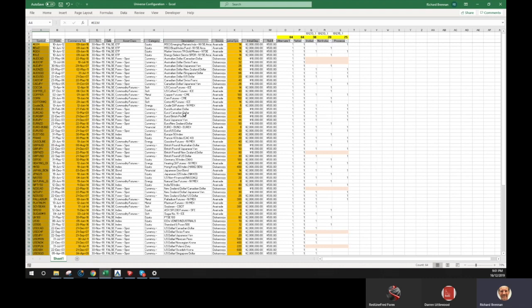Within the Forex, we've got majors, minors, and crosses. Within the indices, they're all just equity indices, so they're one big class. And with the commodities, we've got softs, metals, ETFs, and a whole range of different subcategories within those commodity groupings.